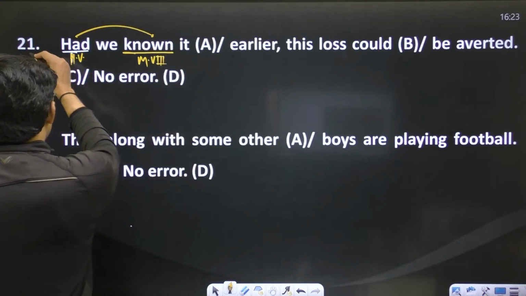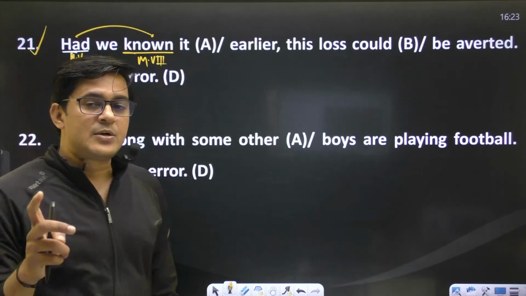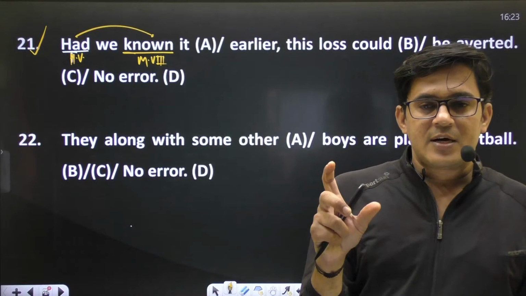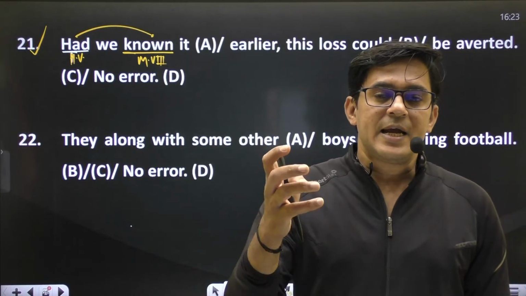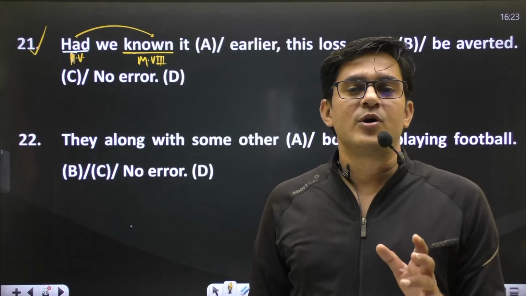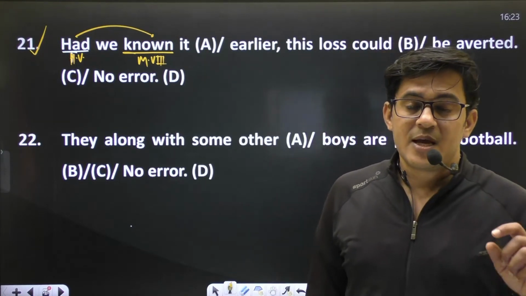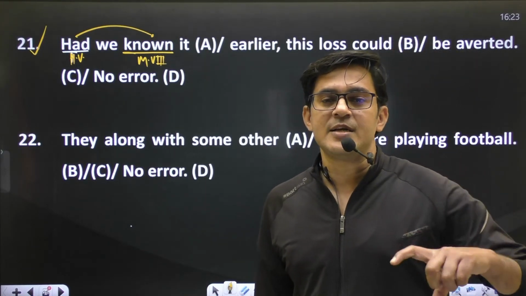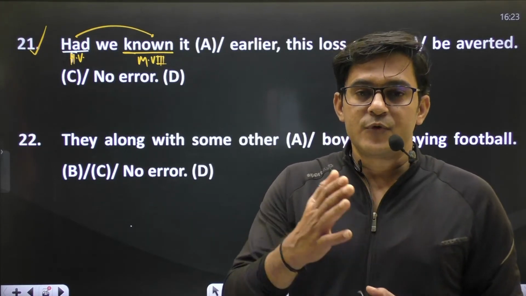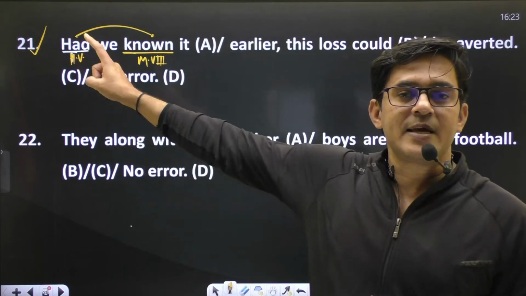This one is also a sentence from the close conditional. Whether you will have a conditional word if, or in the absence of a conditional word, you will get the helping verb in the beginning of the sentence. That means you have to maintain inversion if you don't get a conditional word, like in this sentence.